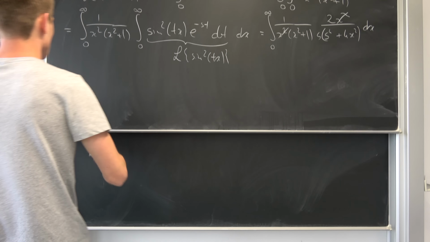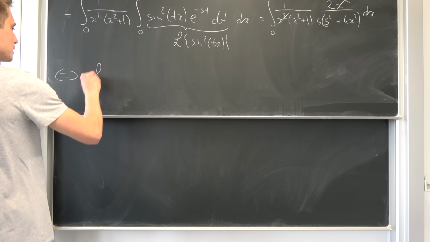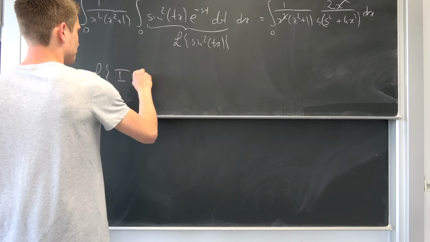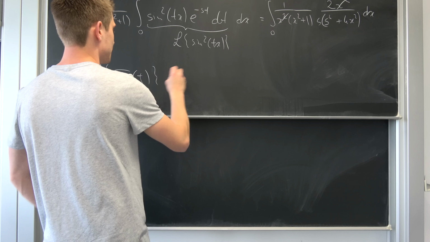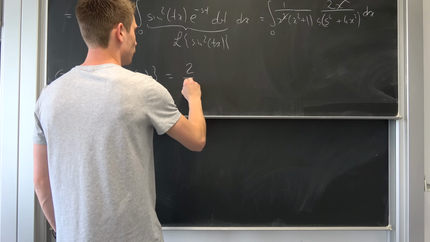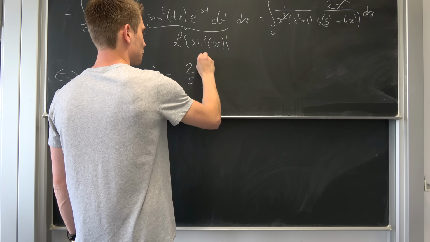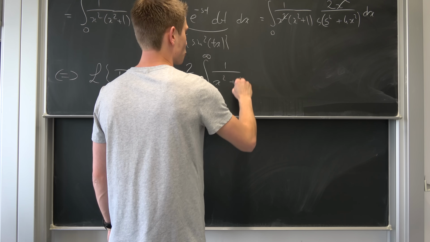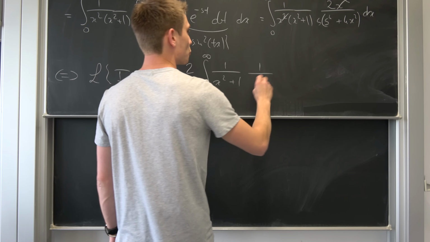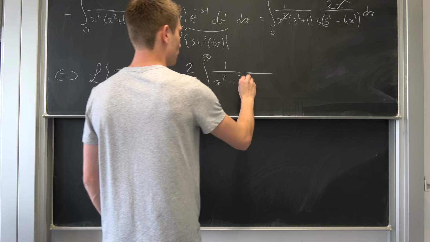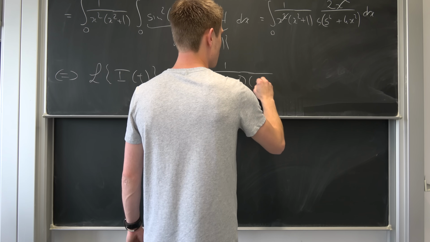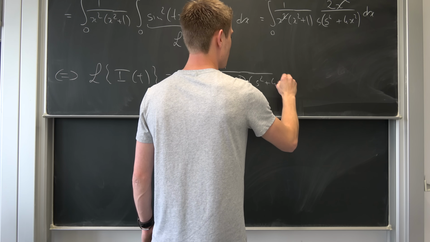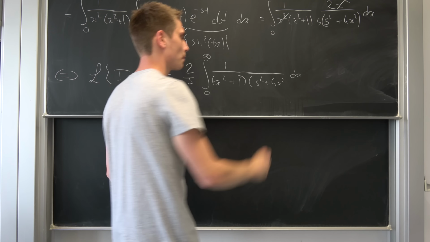So in conclusion, the Laplace transform of I in terms of t is nothing other than 2 over s times the improper integral from 0 to infinity of 1 over x squared plus 1 times 1 over, let's put it in parentheses, s squared plus 4x squared dx.